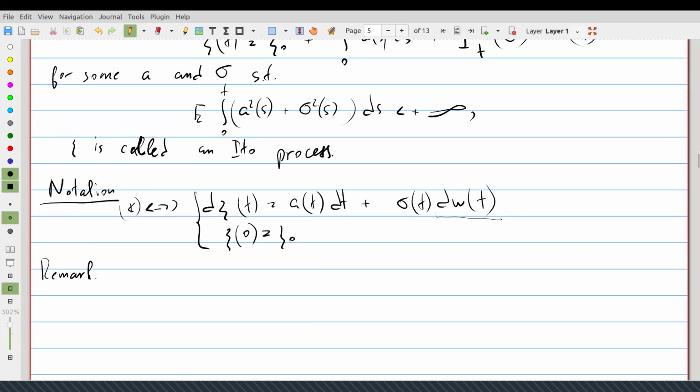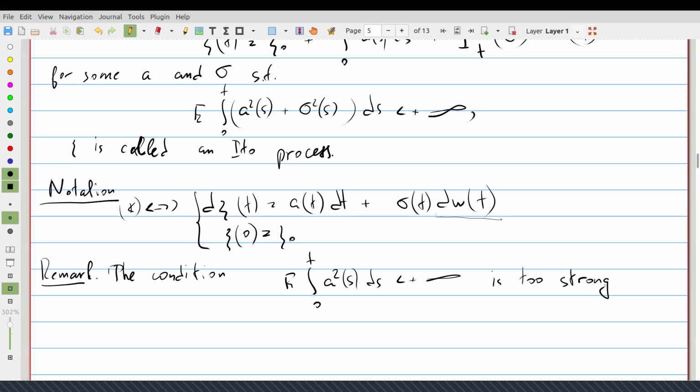An important remark, that the condition is too strong, but I will take it because we are discussing everything in terms of L2.